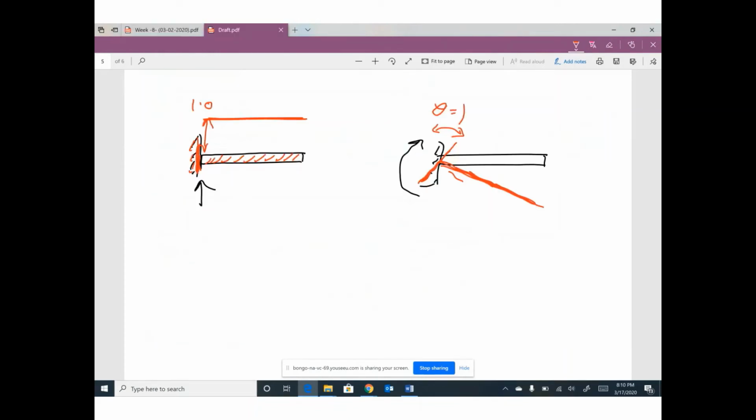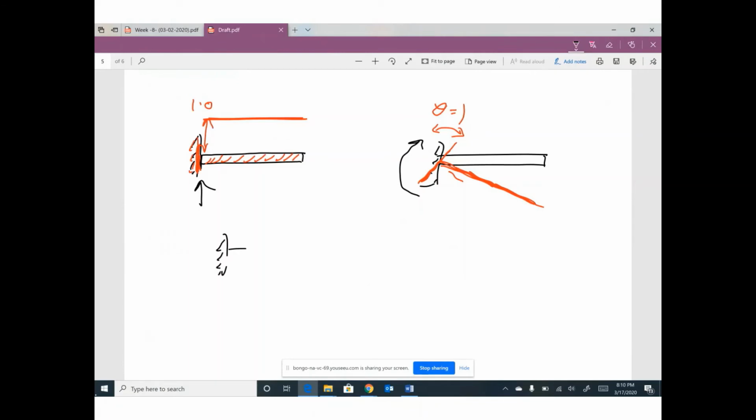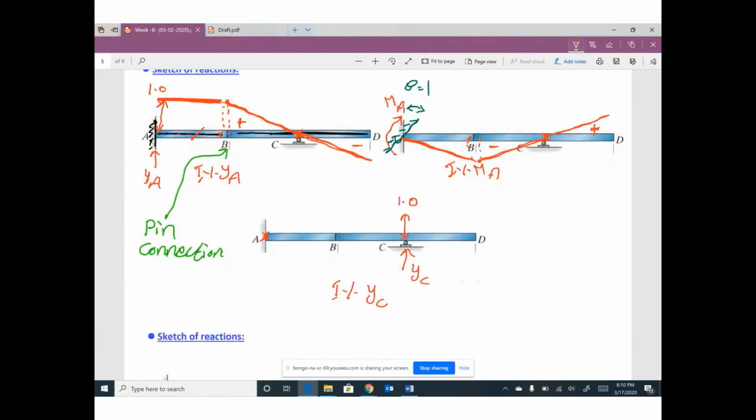Keep in mind, if you have fixed support and you didn't move this fixed, that means this member will not move any. So I didn't move this fixed, so this member will not move any.